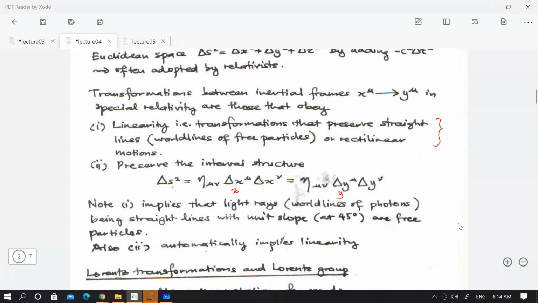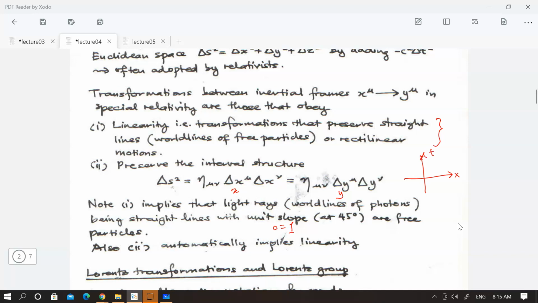But when you take c equals 1, then this will have a unit slope. So your straight lines will be just at 45 degrees. Whenever we do the space-time diagrams, things like this that we had earlier, this is x, this is time.